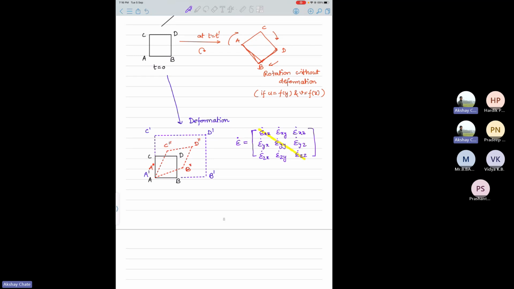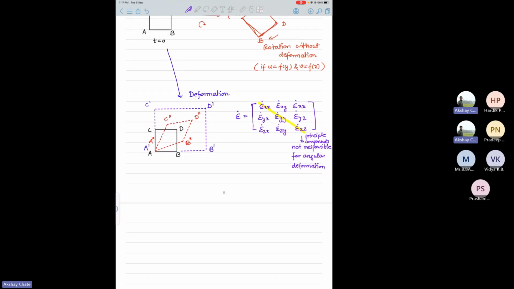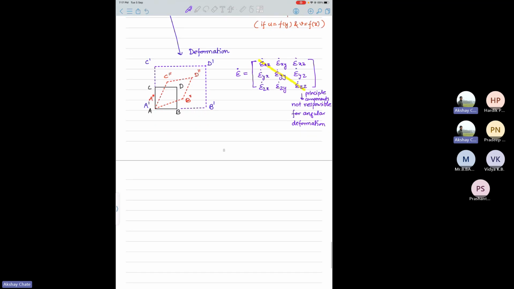So I'll just make a note here: principal components are not responsible for angular deformation, because these are the principal components of the strain rate matrix, and other components are responsible for angular deformation. So this is just an introduction.